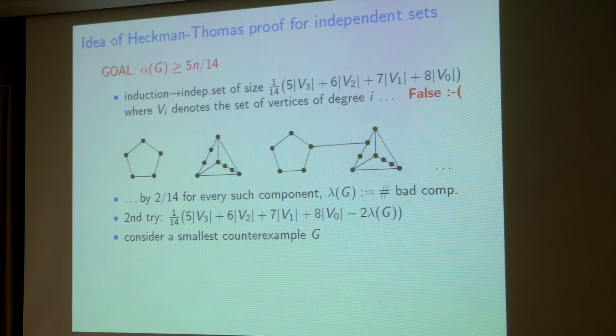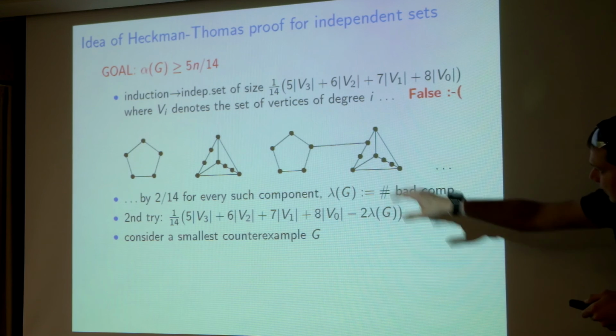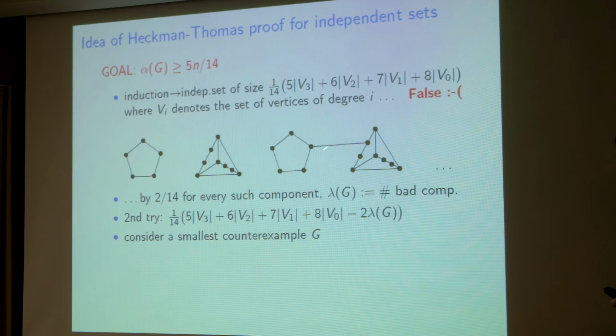Let me not describe all the details, but from now on, the reasoning is relatively standard. You consider a smallest counterexample. What are the bad components? It's a component that is a tree of this structure. I didn't describe it completely precisely, but you are right. Whenever I have a block decomposition in a component, each block will look like that, and they will be connected by an edge. Like I said, I could have taken this one and this one, joined by a bridge.